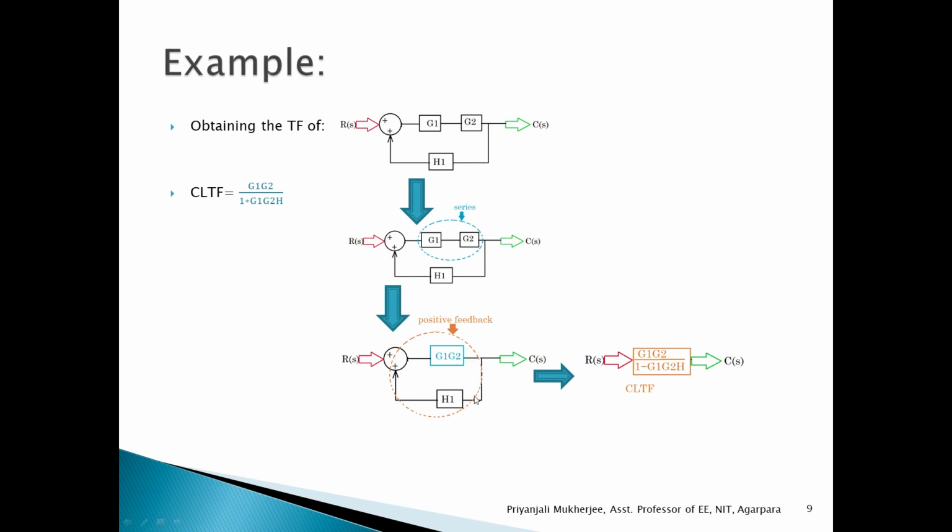Next, we eliminate this positive feedback using the formula G(s) by 1 minus G(s)H(s). The forward path transfer function is G1G2, and the feedback is H1. So the overall transfer function C(s) by R(s) is equal to G1G2 by 1 minus G1G2H1.